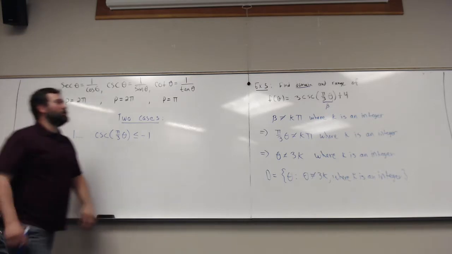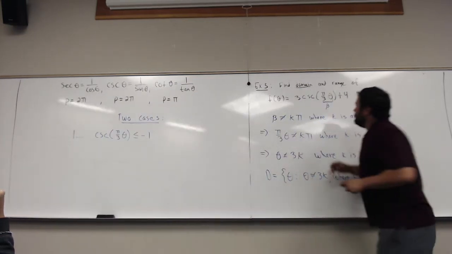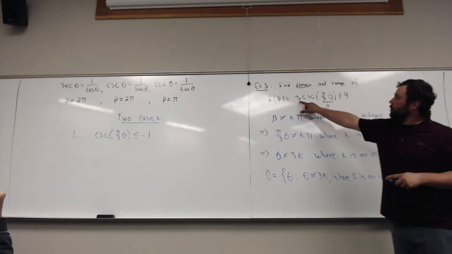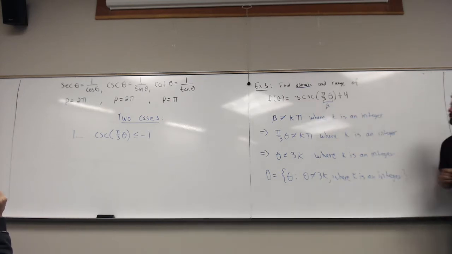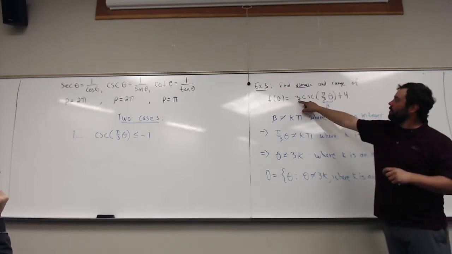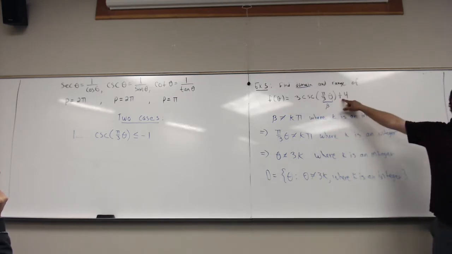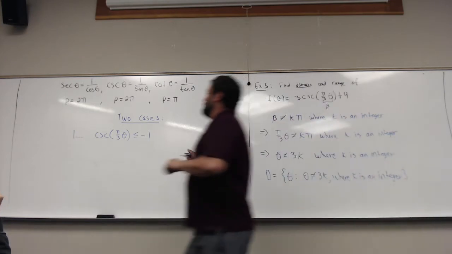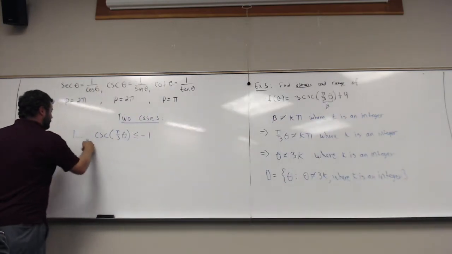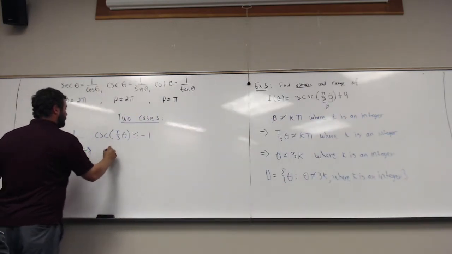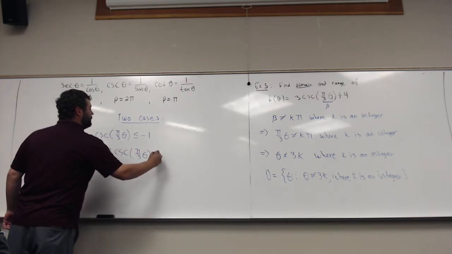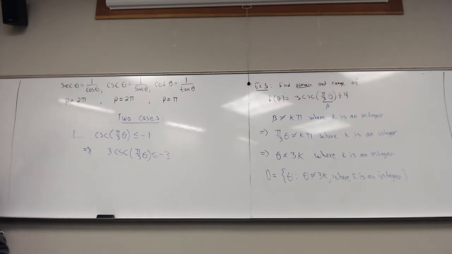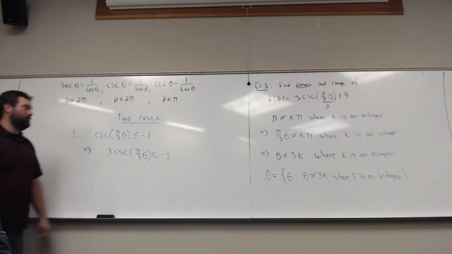And then what I'm going to do is, to get this expression to appear, we're going to multiply both sides of the inequality by 3, and then we'll add 4 to both sides. Okay, so this implies 3 cosecant of pi/3 theta would be less than or equal to -3. So I just multiplied by 3 on both sides.